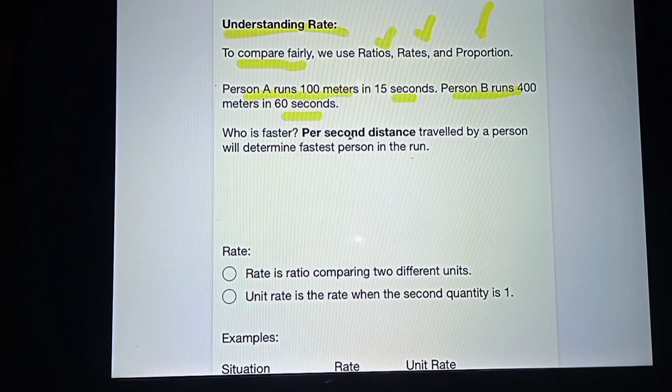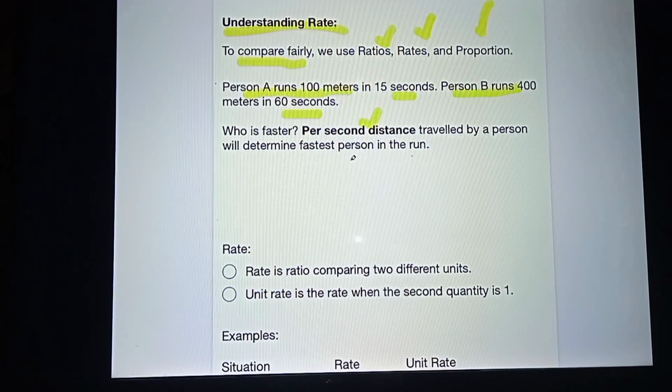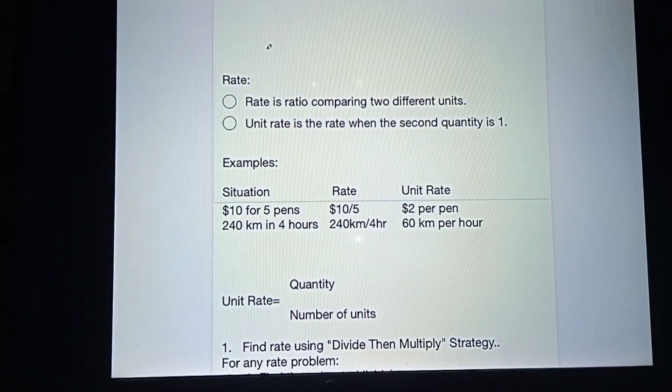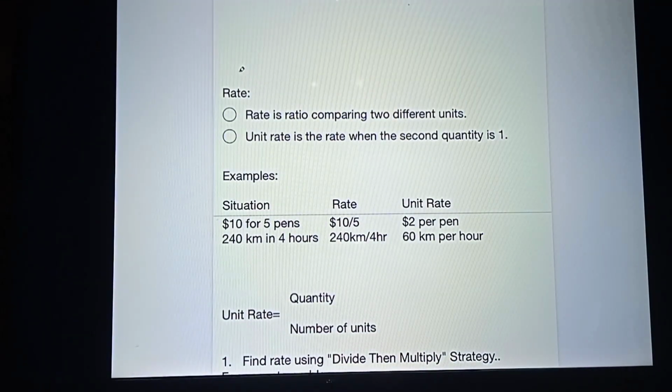That is, per second distance traveled by a person will determine the fastest person in this run. So in this situation we use rate.